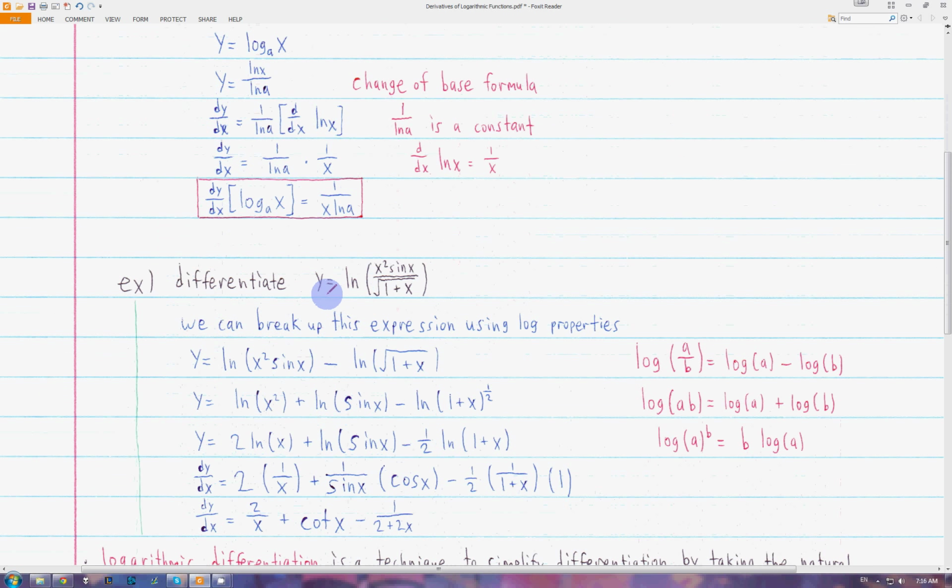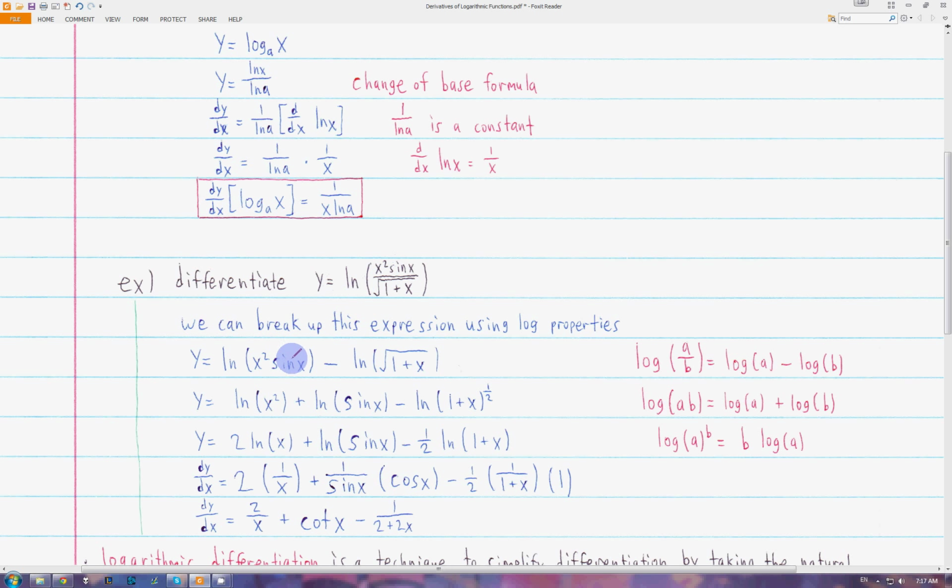So when taking the derivative of logarithms, it's often useful to split the expression apart using log properties. So we have this complicated expression here, and to differentiate it, we can just split it up.